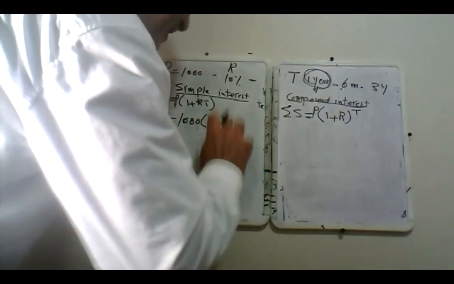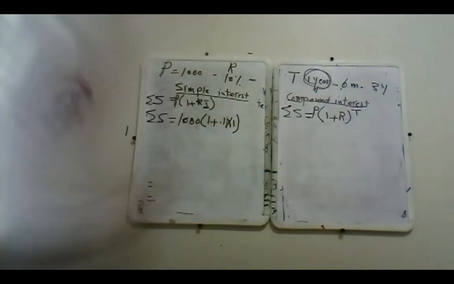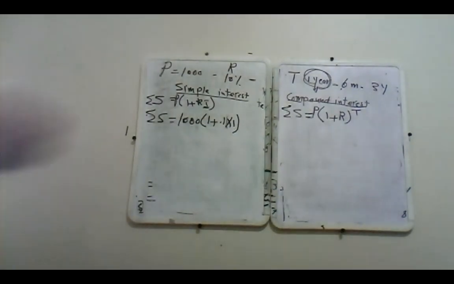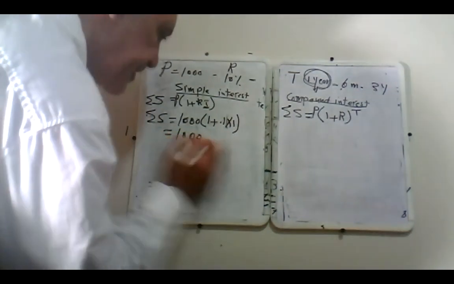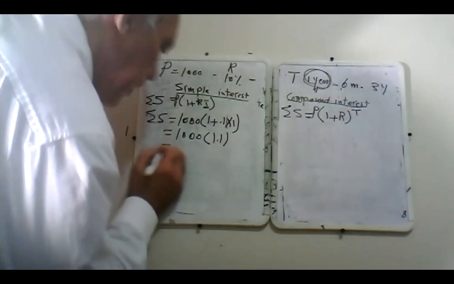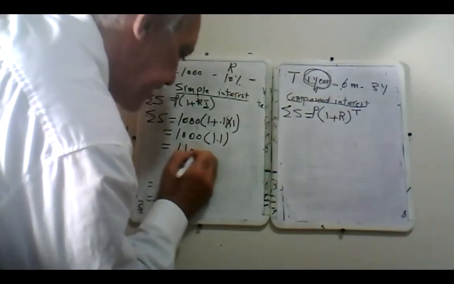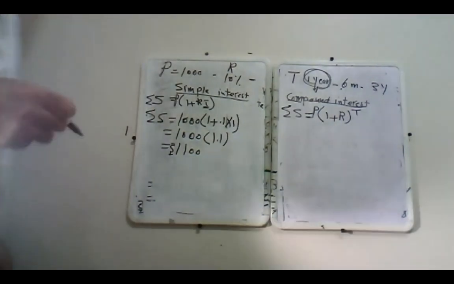This will be multiplied by the time. The time is 1 year. Then this will equal $1,000 multiplied by 1.1. Then this will equal $1,100. When you calculate it and finish it, it will be like this.